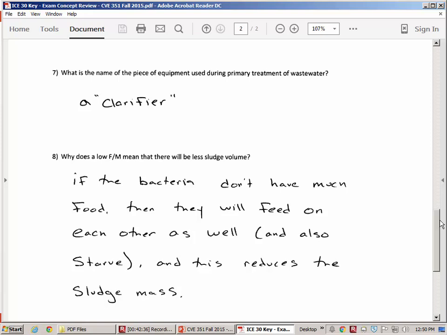And just like we can gain weight by drinking dissolved sugar, Pepsi, even though Pepsi is a liquid, if you drink it and have too many calories, then you get extra body weight. And so the bacteria are doing something similar. They are eating a dissolved food and turning it into something that we can settle in the clarifier.